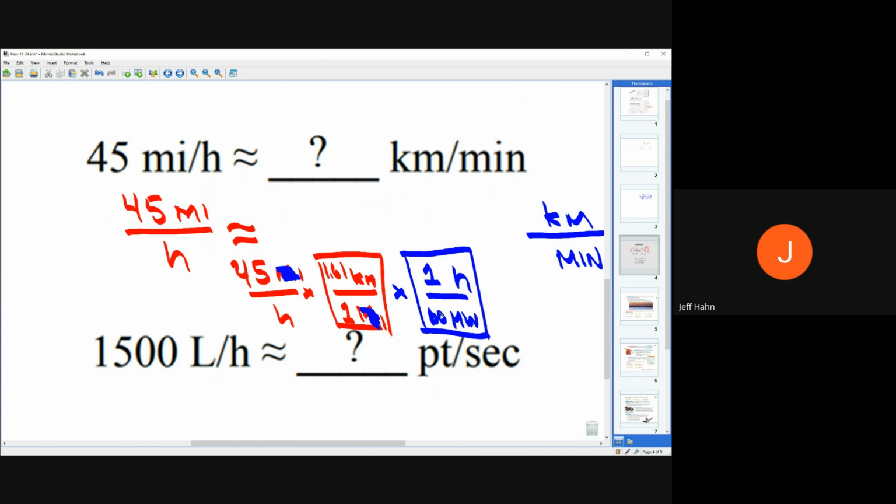Correct? So now I can cross off that top hour with that bottom hour. And look, my labels are right. I want kilometers over minutes. I just have to do the crazy math of all this.